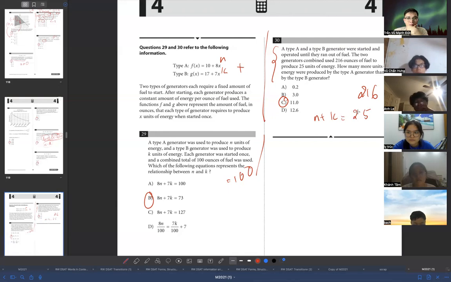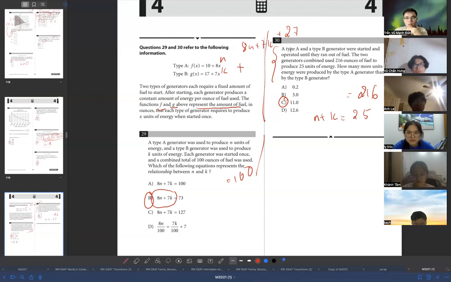So the two combined produce ounces of fuel. F and X represent the amount of fuel. So these two add up. So this will be 8. I'm sorry, this will be 8n plus 7k plus 27 equals 216, right?